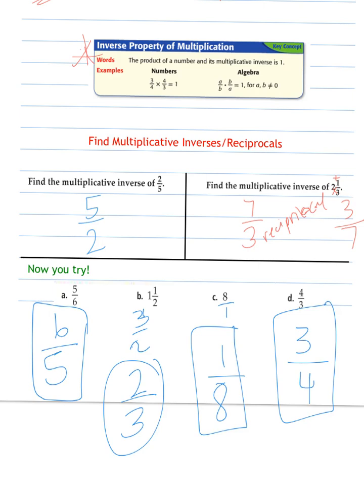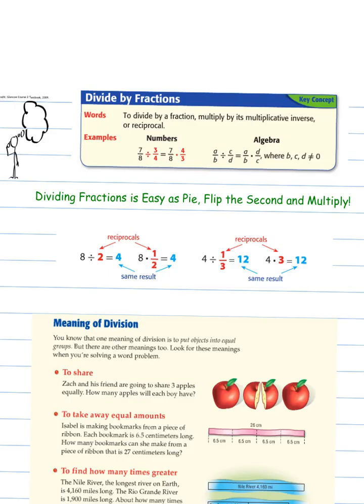Okay, something important to know for this unit. Here's something to look at, divide by a fraction. So to divide by a fraction, all you do is you multiply by its multiplicative inverse or reciprocal. So if we have 7/8 divided by 3/4, we take 7/8 and we multiply it by the multiplicative inverse of 3/4, which is 4/3.